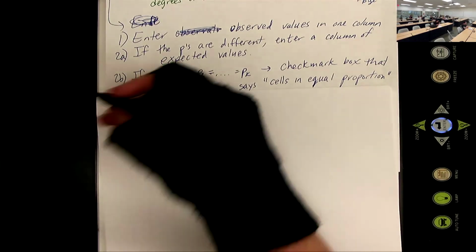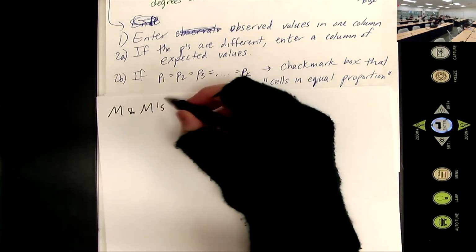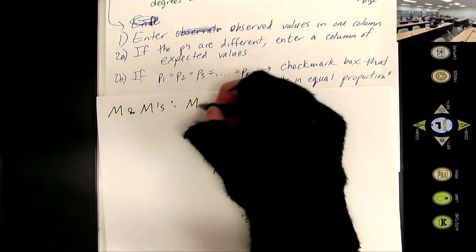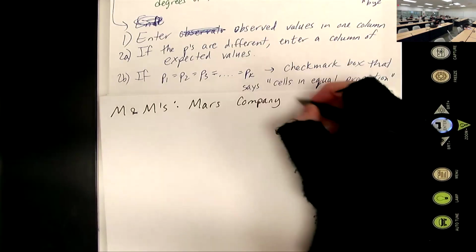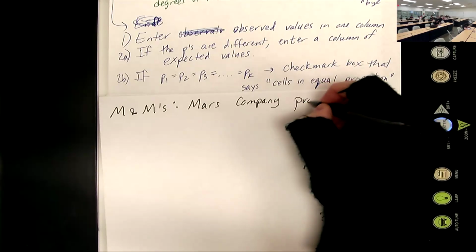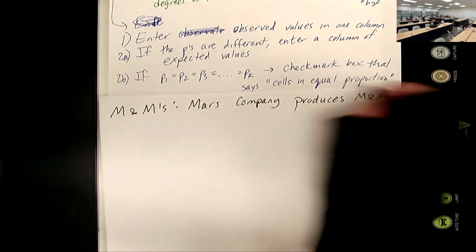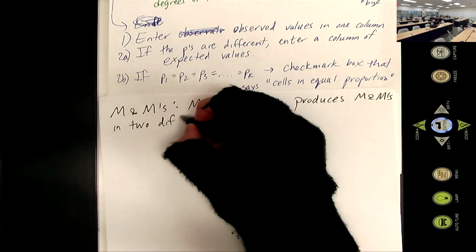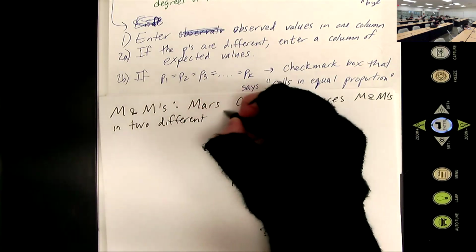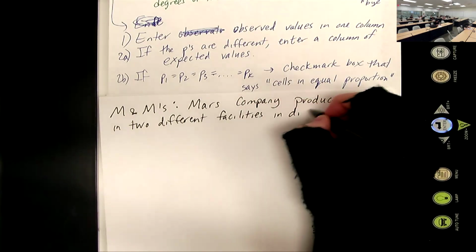So, M&Ms. The Mars company produces them in two facilities, in different states.